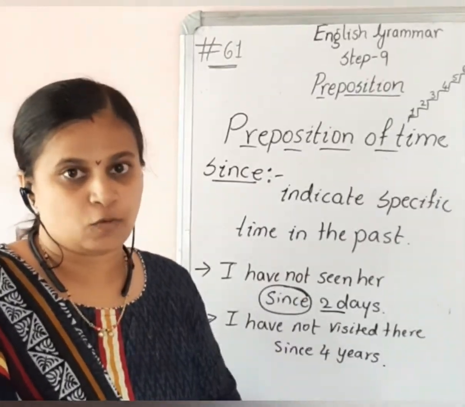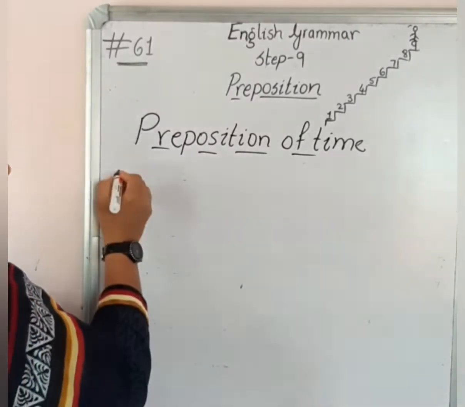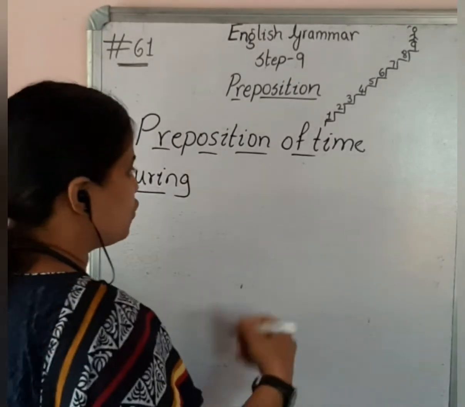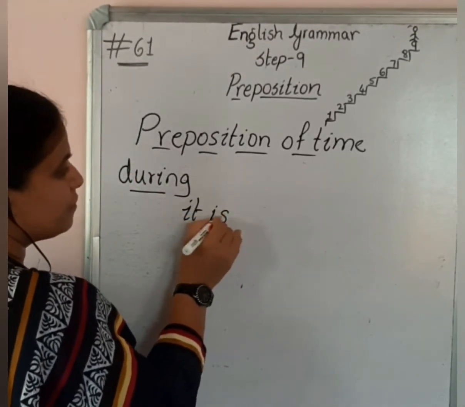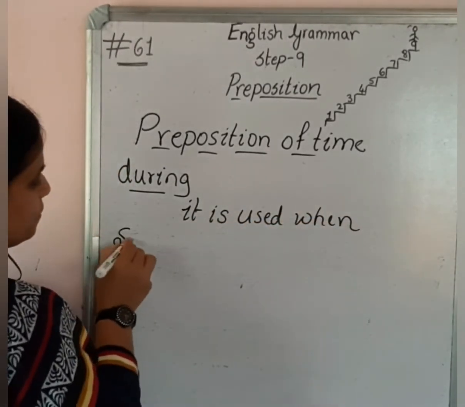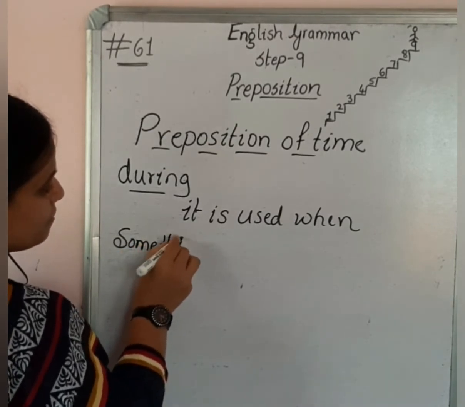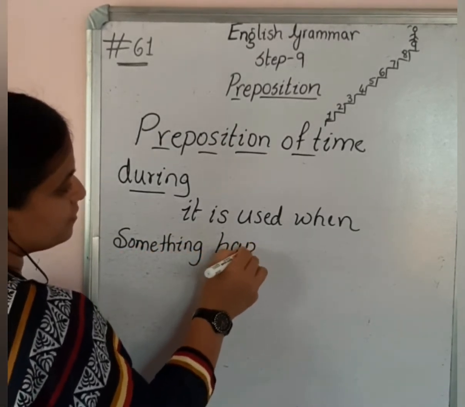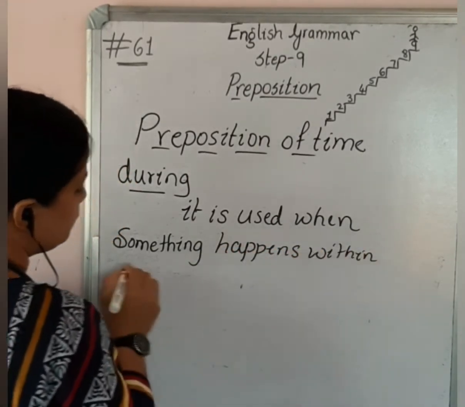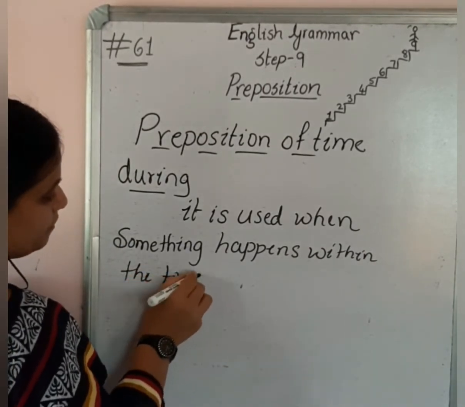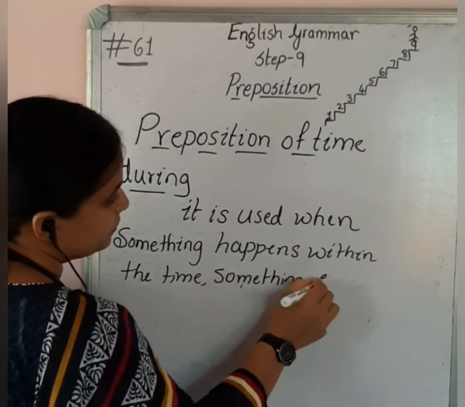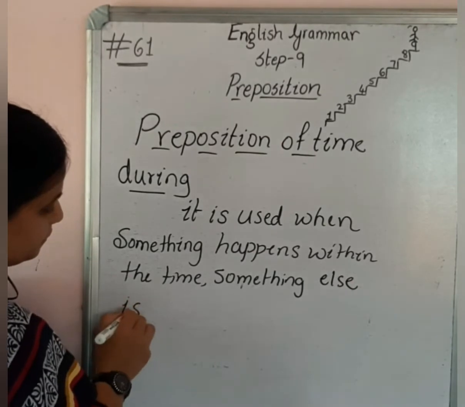Let's go for the next now. Now let's see when during is used in the sentence as a preposition of time. It is used when something happens within the time something else is happening.